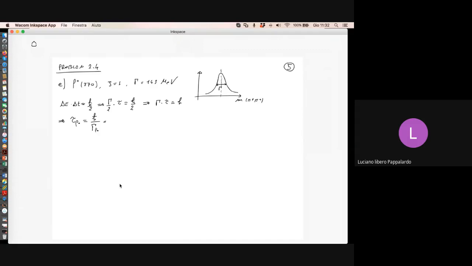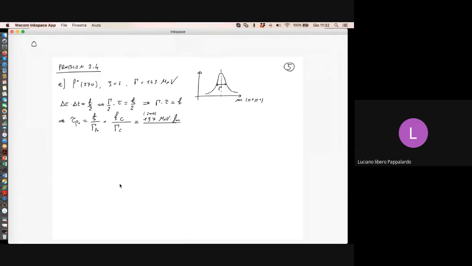The trick here is to multiply both numerator and denominator by the speed of light. So h bar c divided by gamma c. The reason is that h bar c is a universal constant which is easy to remember. It is 197 MeV times Fermi, but you can also use 200, it's fine, it is even easier to remember. So 200 MeV Fermi.